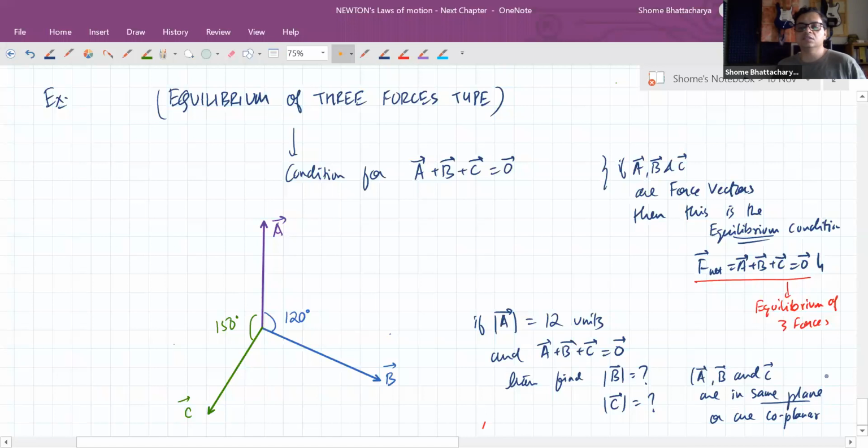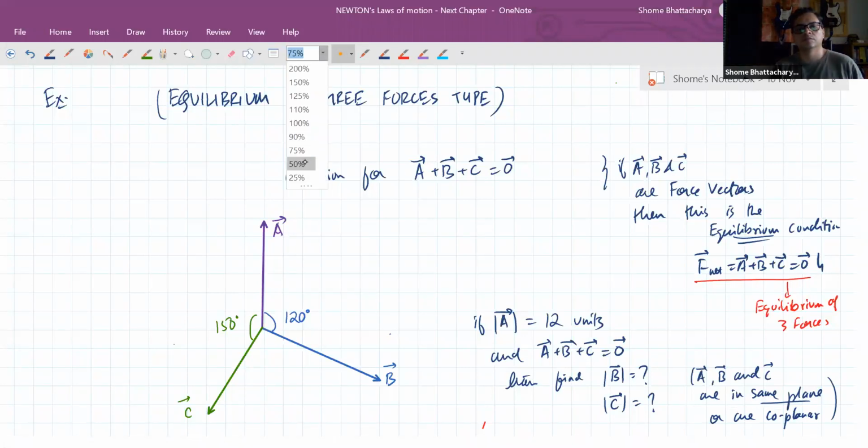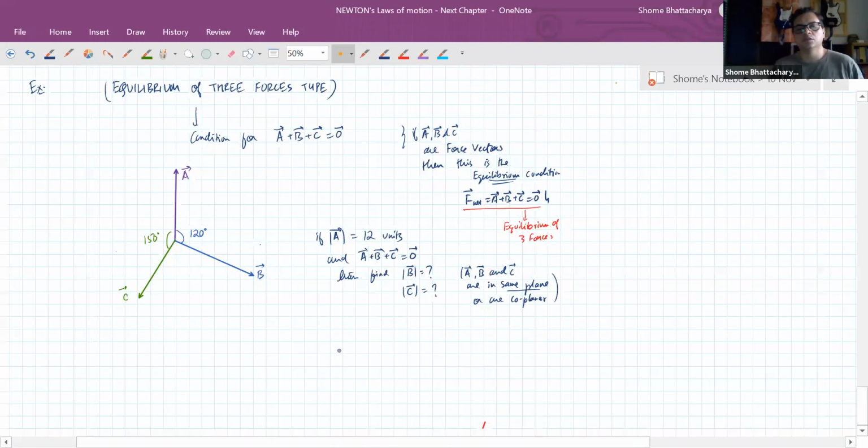Later today we'll also discuss a little bit about coplanarity of vectors. So just try out this question, people. One way you can do is by component method.